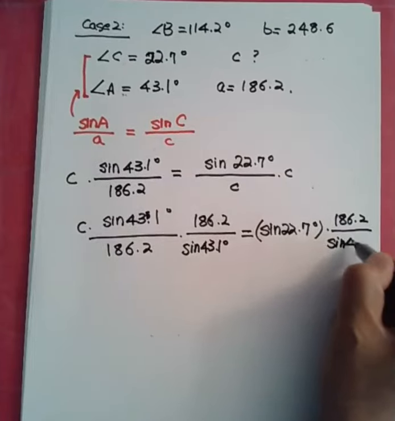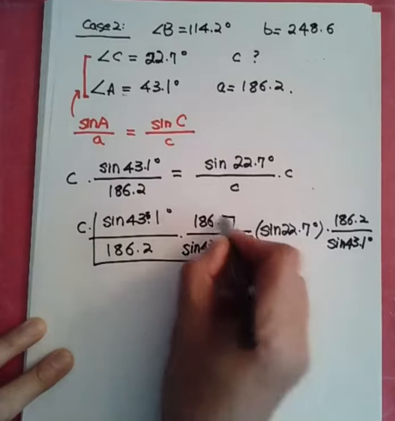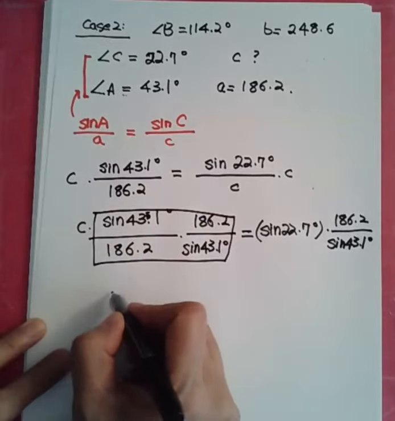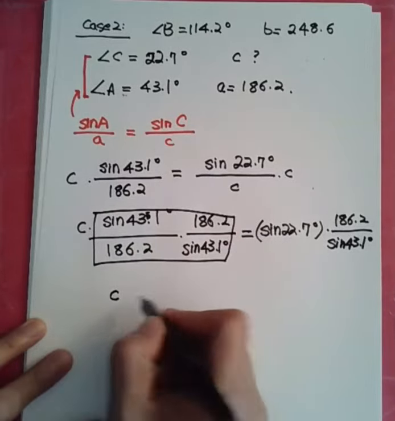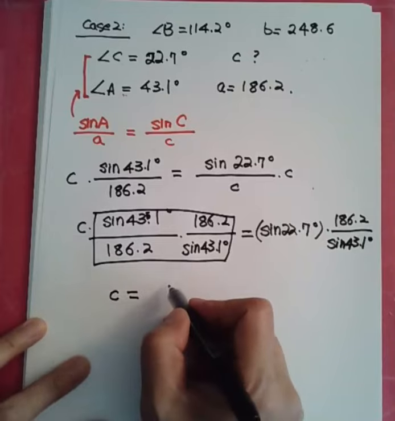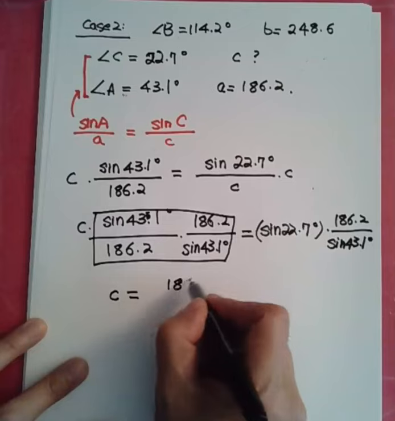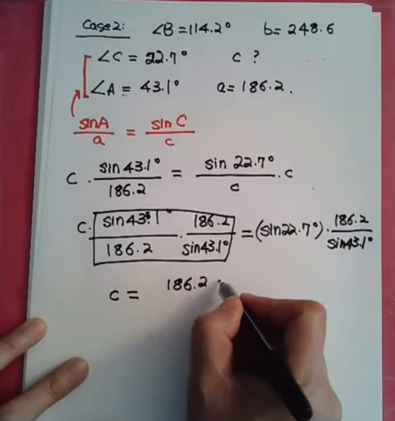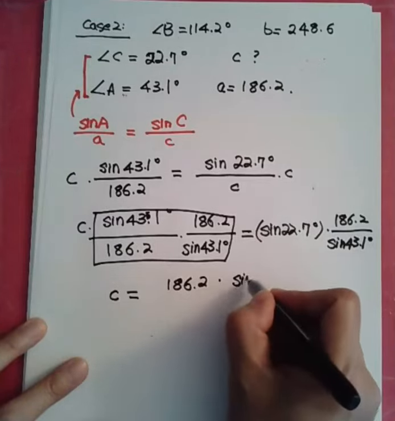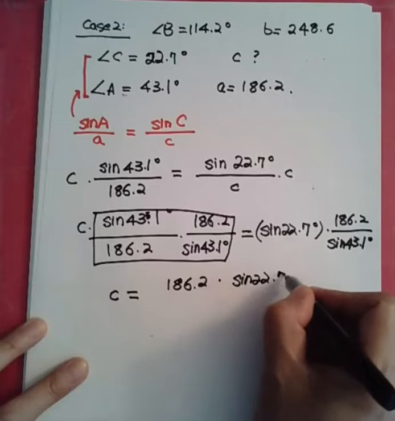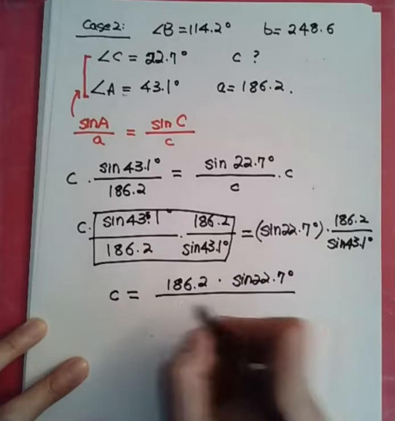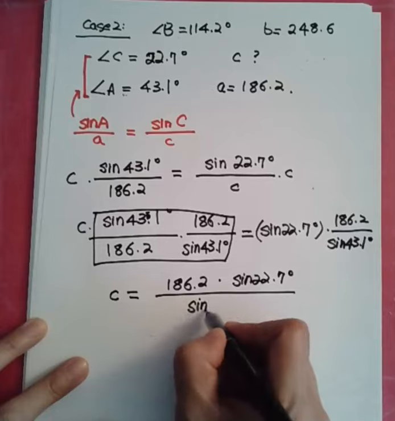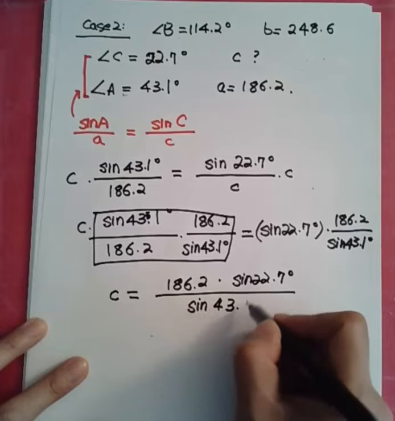So this will be 1. So the side length C can be obtained by calculating 186.2 times sine of 22.7 degree over sine of 43.1 degree.